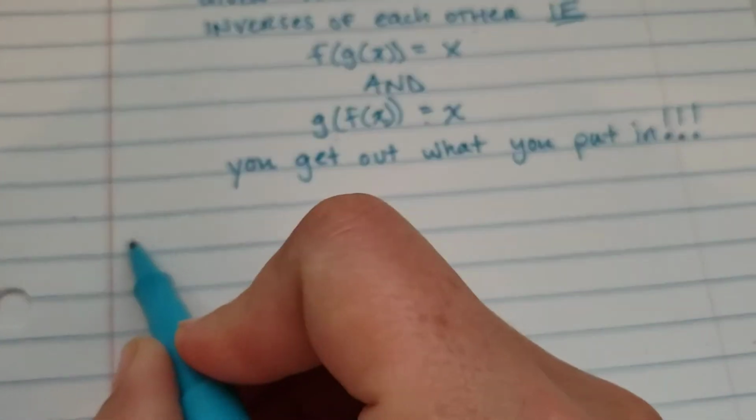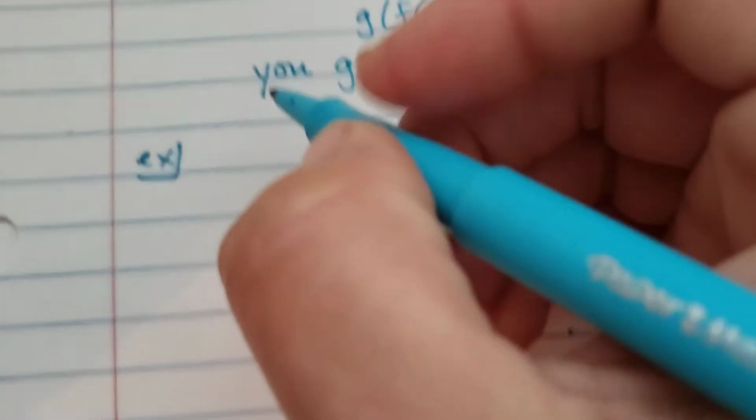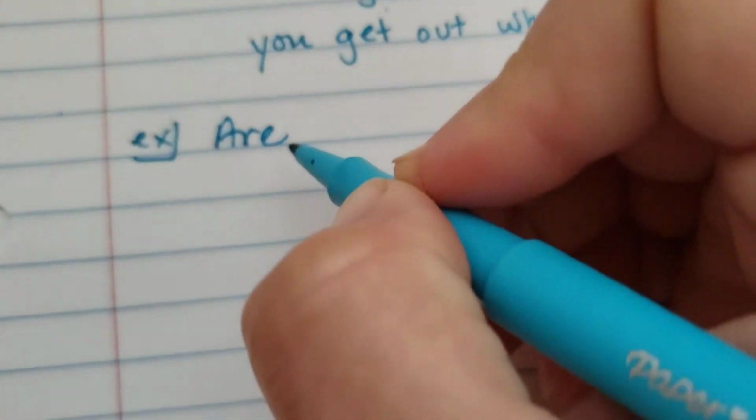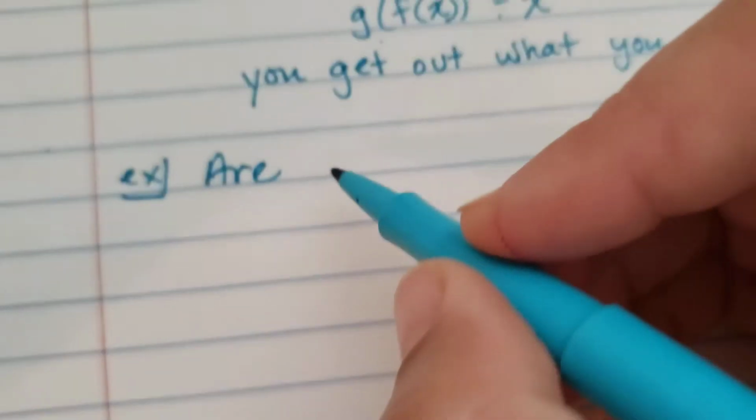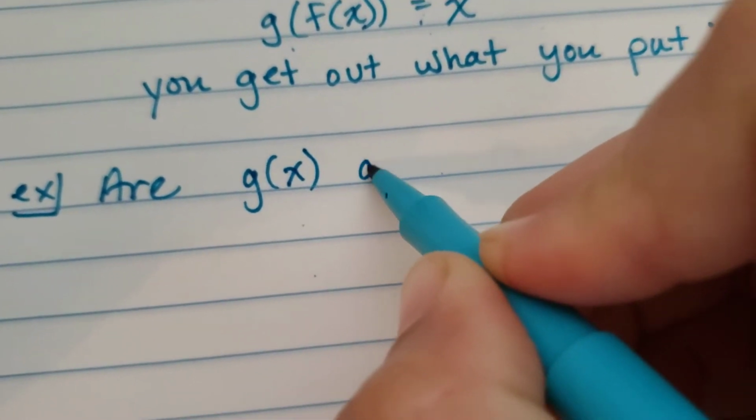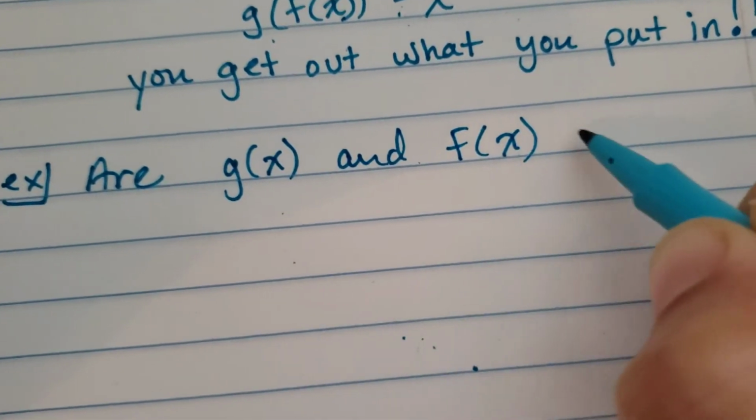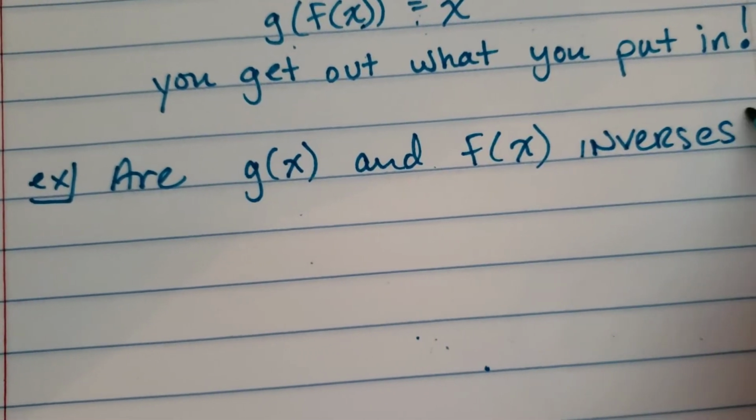One of the examples from your assignment says, oh shoot, let me find it again, sorry. Prove whether g of x and f of x are inverses.